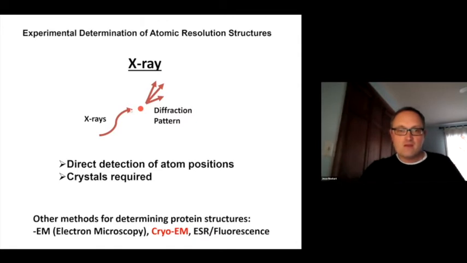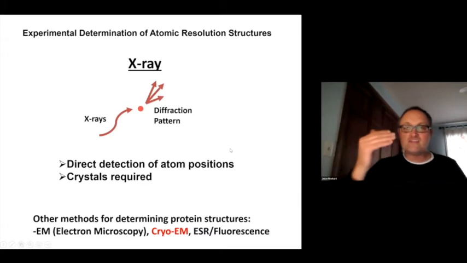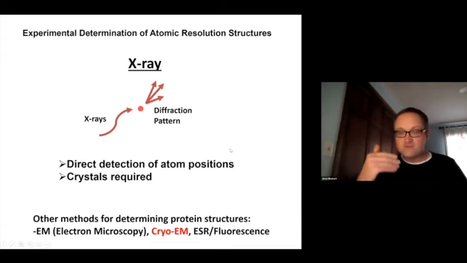Okay, so in the very simple setup, you're bombarding your sample with X-rays, and then you're producing a diffraction pattern. So you're getting direct detection of atoms, and that's what's important. This is a direct detection using an X-ray to directly detect the atomic composition of the material you're interested in.